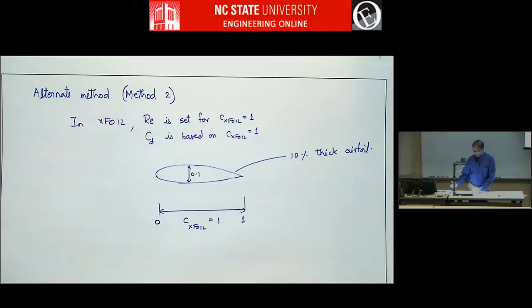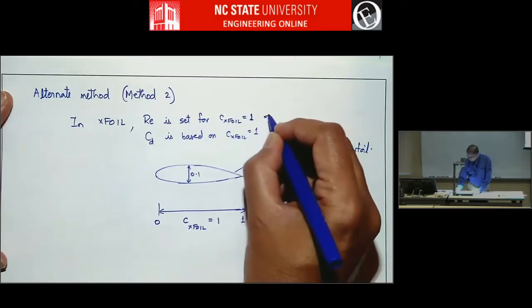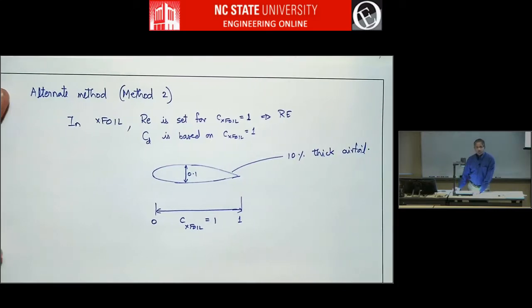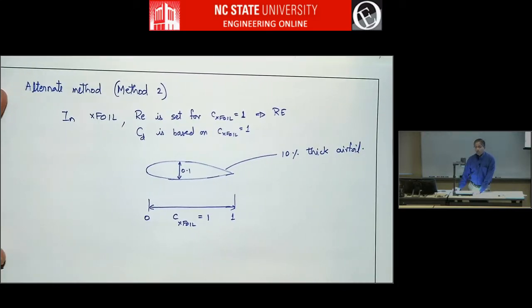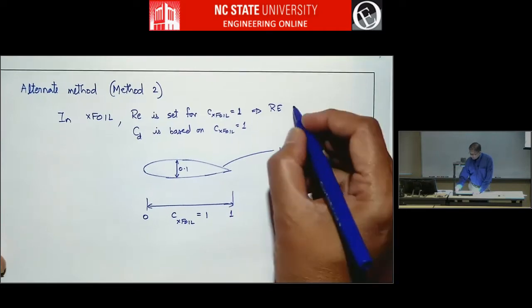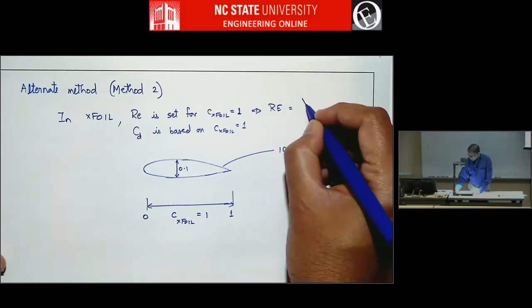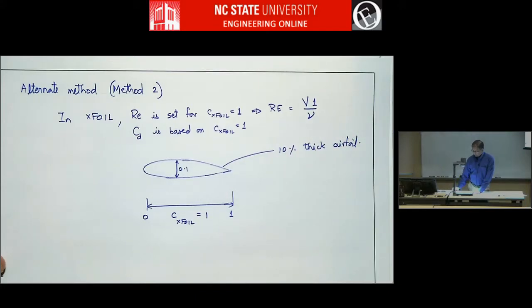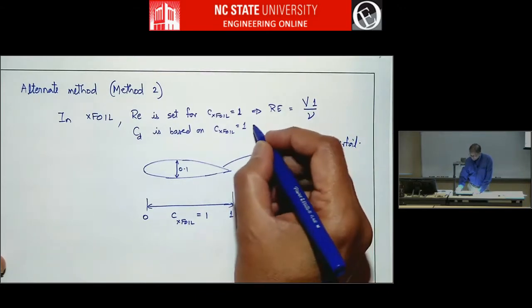So that's why in X-foil they write this as capital R capital E to remind you that this is really V times 1 over nu, and CD.